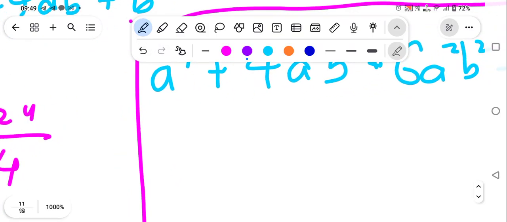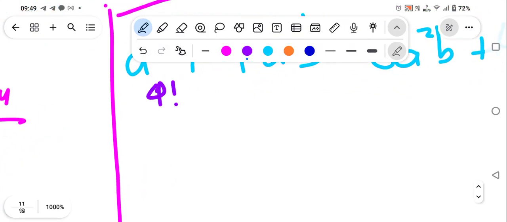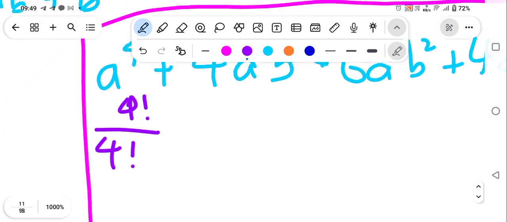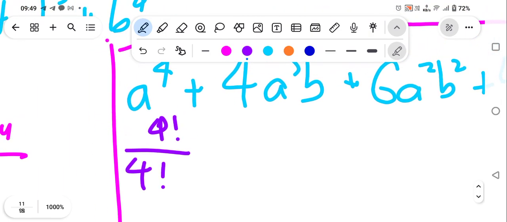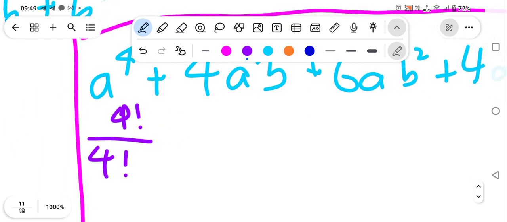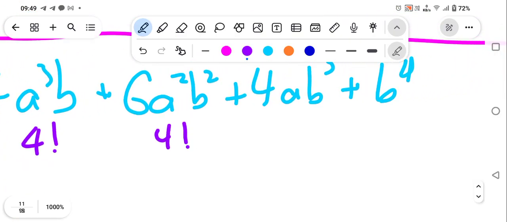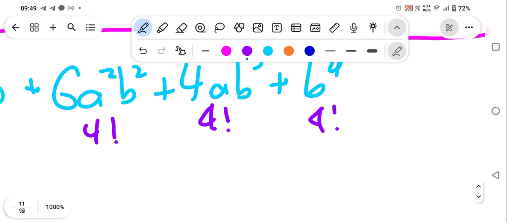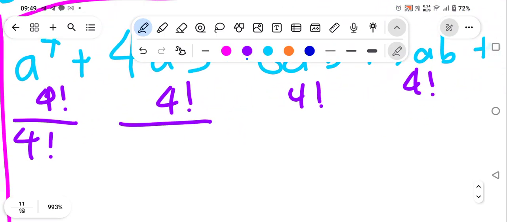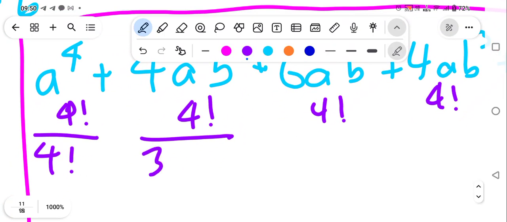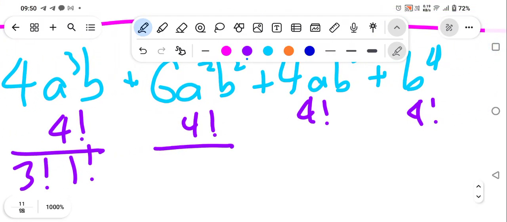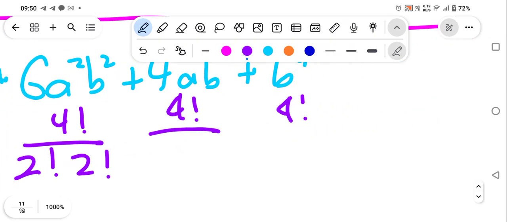I'm gonna clarify that from this we have 4 items, and we have 4 factorial. We have 4 identical items, so divided by 4 factorial. But now we have 3 a's and 1 b. In this case, we have 2 a's and 2 b's. And from here, we have 1 a and 3 b's.